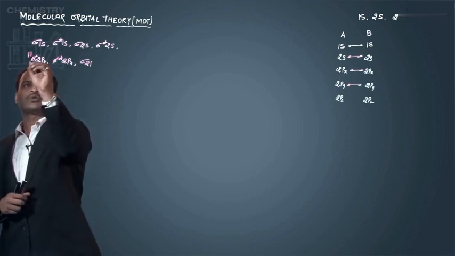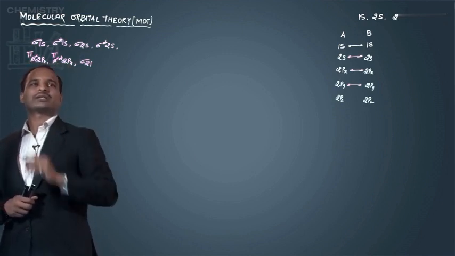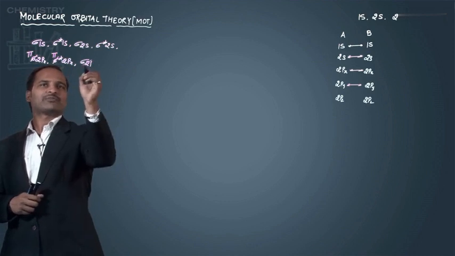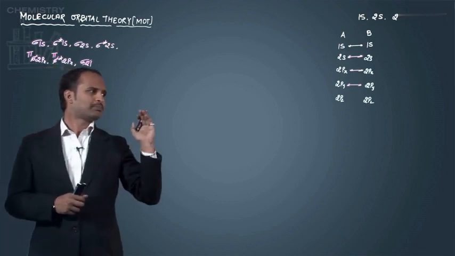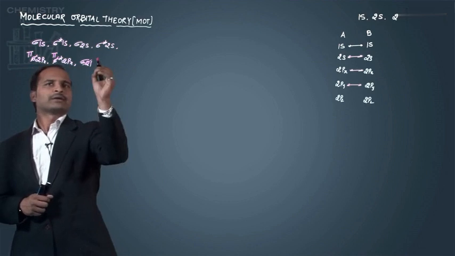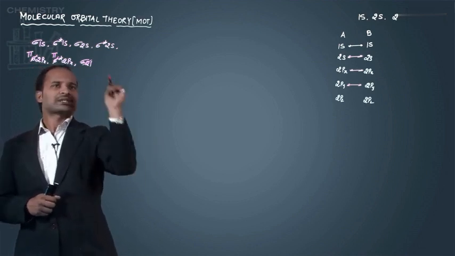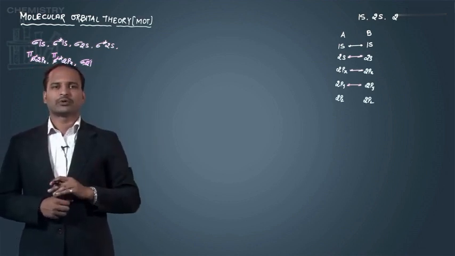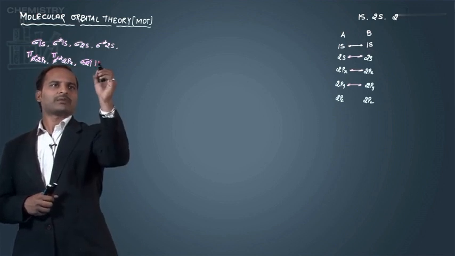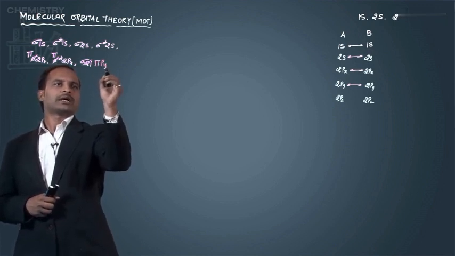So it is going to be pi 2px, and here it is going to be pi star 2px. If the 2py and 2py are combining, then again the pi overlapping takes place. So we get pi 2py and pi star 2py.